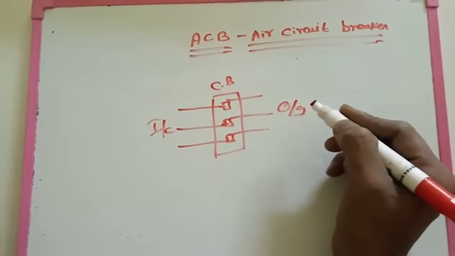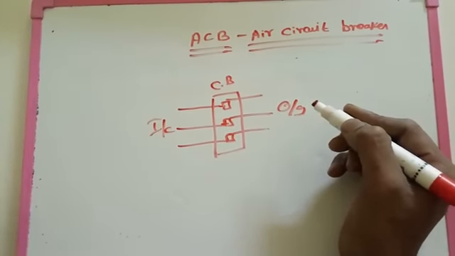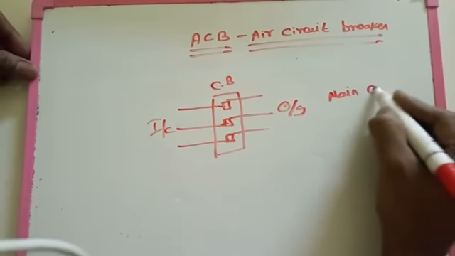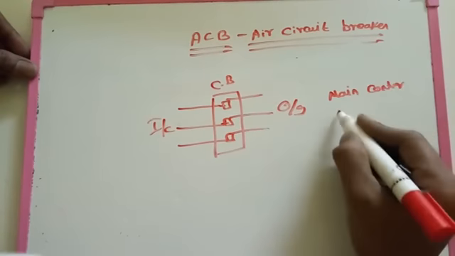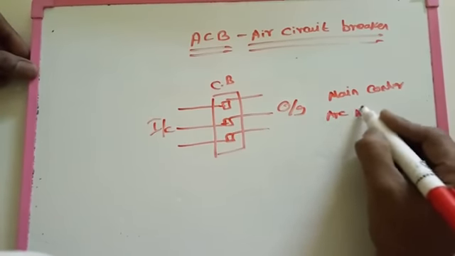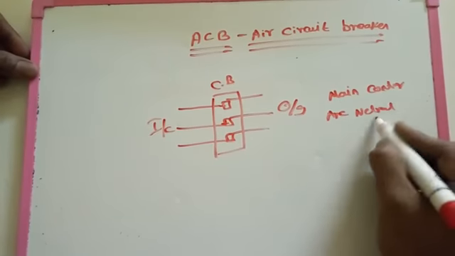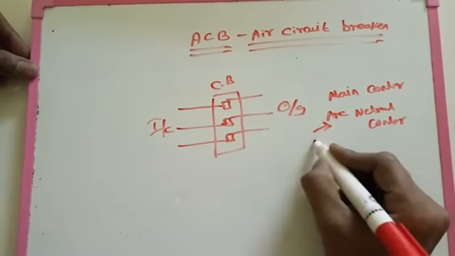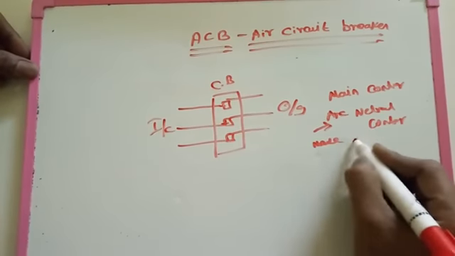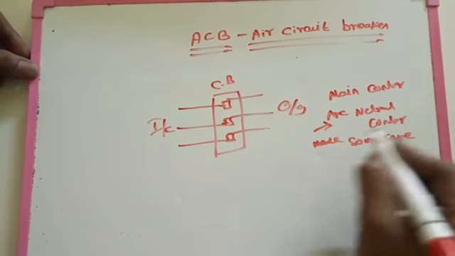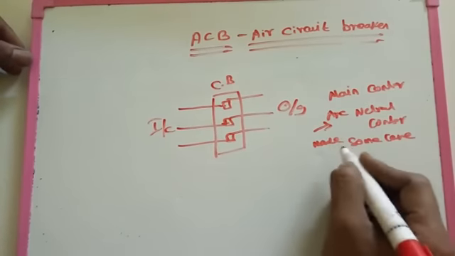Suppose here the air circuit breaker has 2 parts. One is the main conductor, and another one is the arc neutralized conductor. This second conductor is made of some carbon. So here the 2 conductors are available.